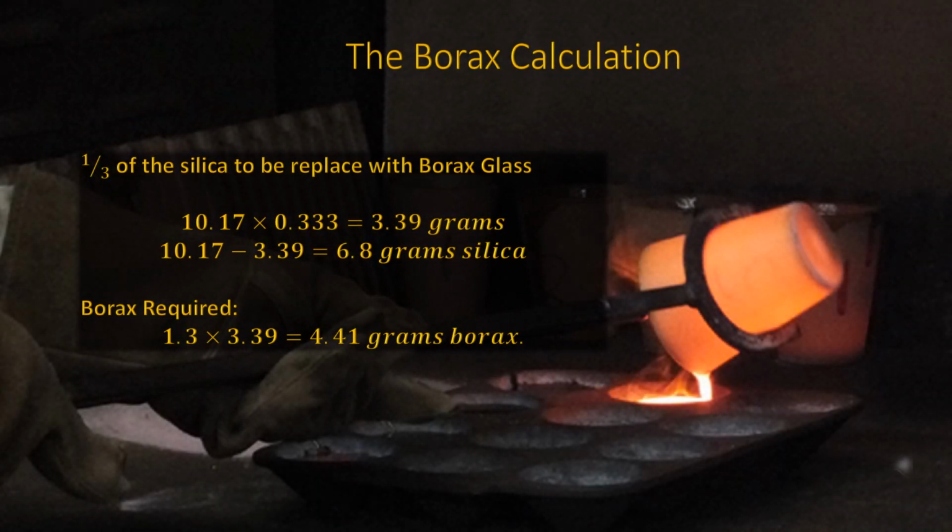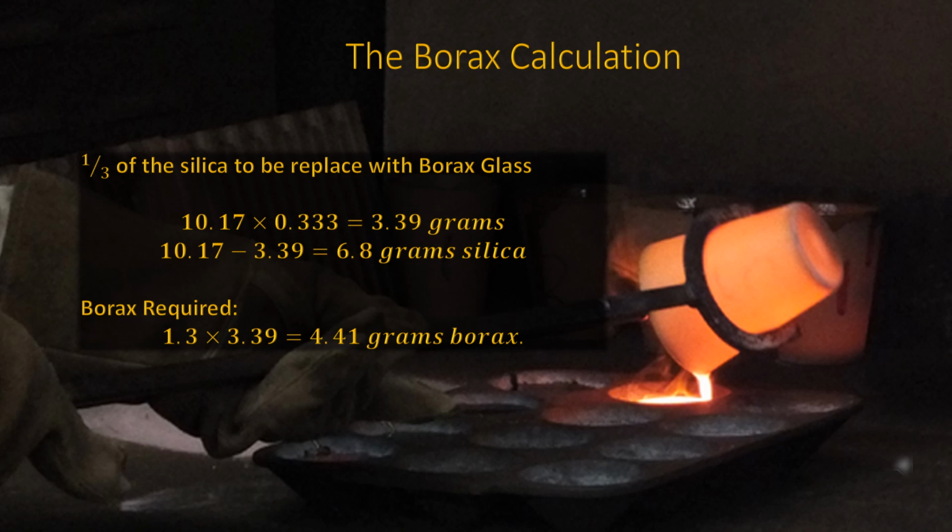In order to lower the fusion temperature, 1/3 of the silica is replaced with borax glass. The total amount of silica that was required was 10.17 grams. Since 1/3 is to be replaced, the actual amount of silica required is 6.8 grams.